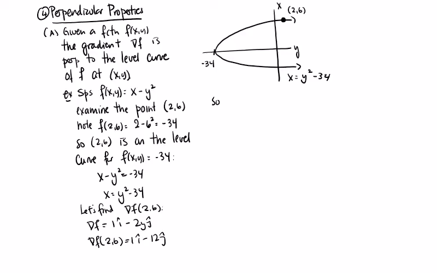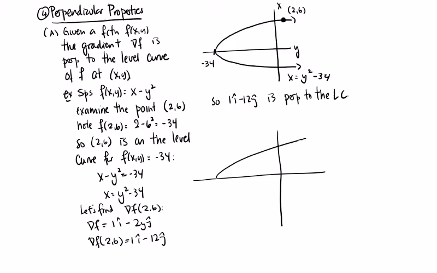So that tells us that 1i minus 12j is perpendicular to the level curve. Now, we draw one more picture of this level curve. At this point, if we draw that vector, it goes 1 unit over and 12 units down. About like that. Notice that is perpendicular.